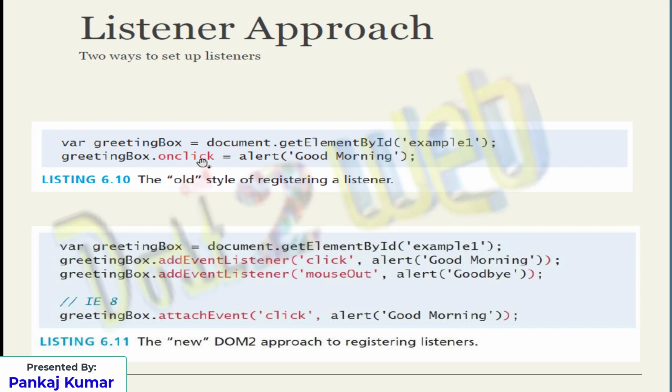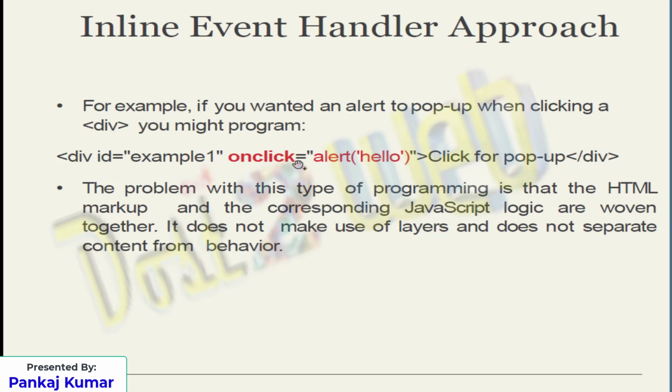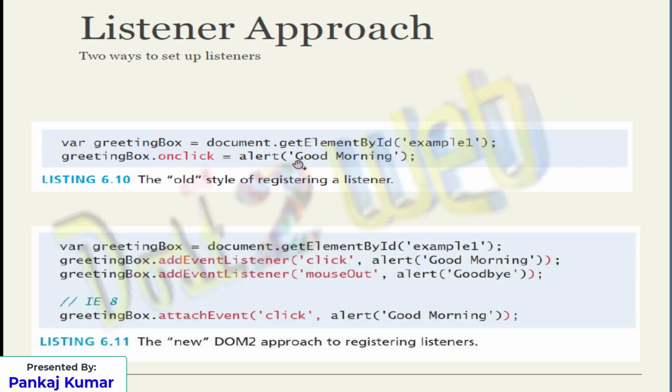The moment someone clicks, a good morning message should be given. This is done separately; we are not doing it inline. We are now doing the listener approach. The moment you click, the event is going to happen. Even this is a listener, even if this is the old style.